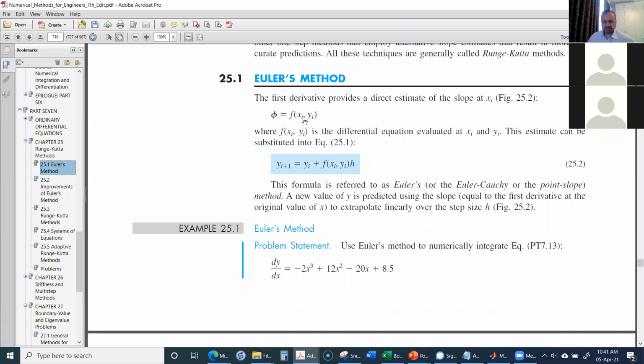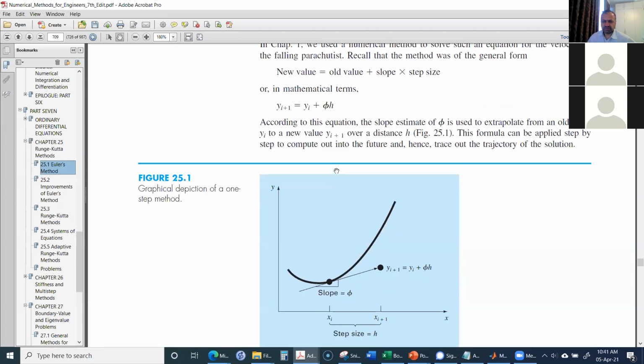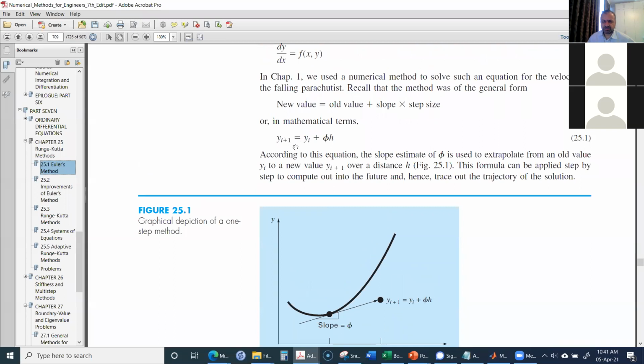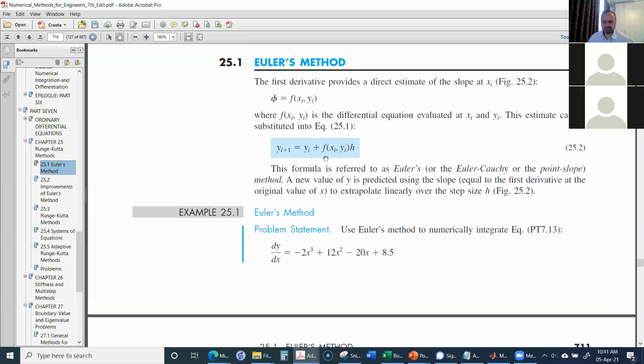This is represented by phi is equal to f(xi, yi), where f(xi, yi) is the differential equation evaluated at xi, yi. This estimate can be substituted into the previous equation, which is the equation for the line, and this formula is referred to as the Euler's or the Euler-Cauchy or the point slope method.